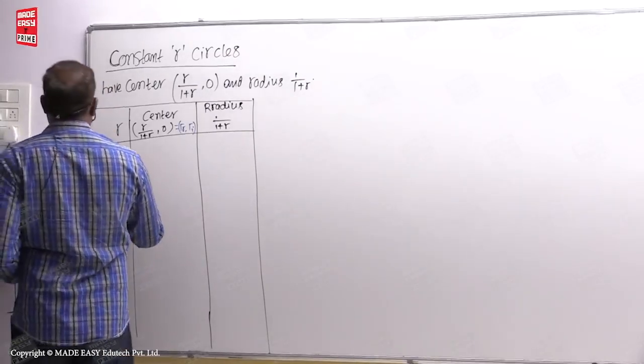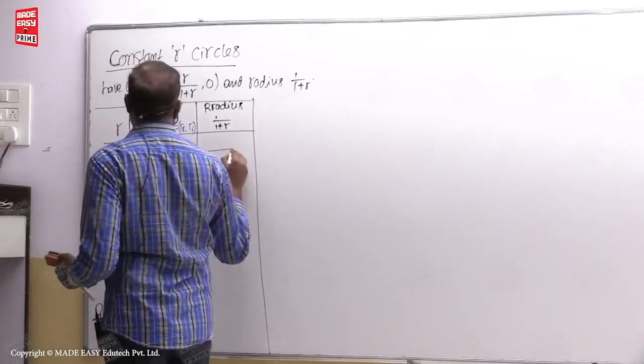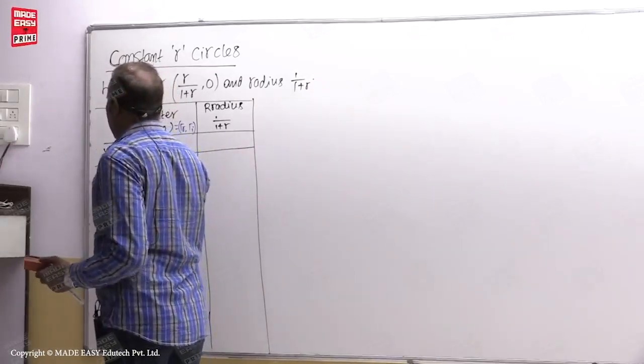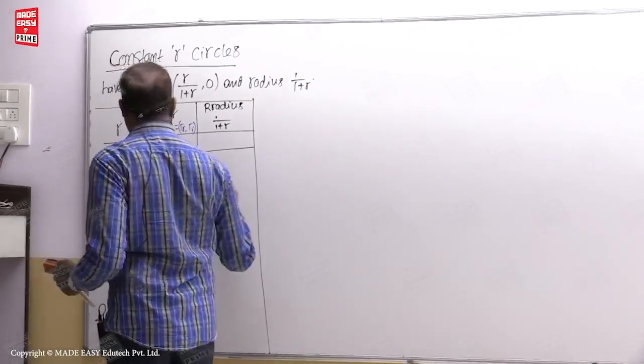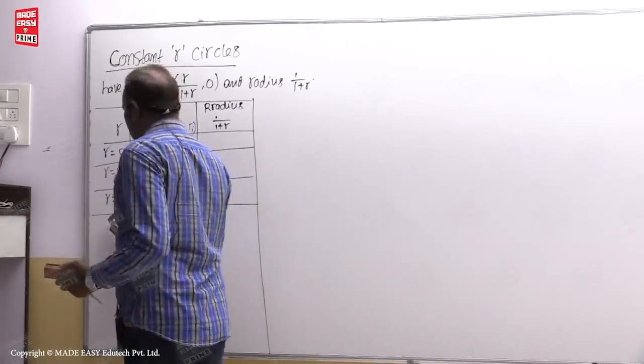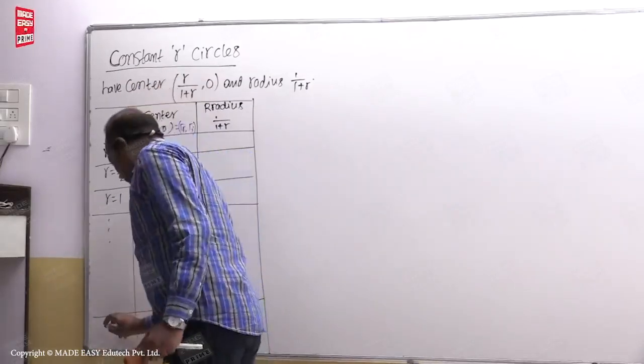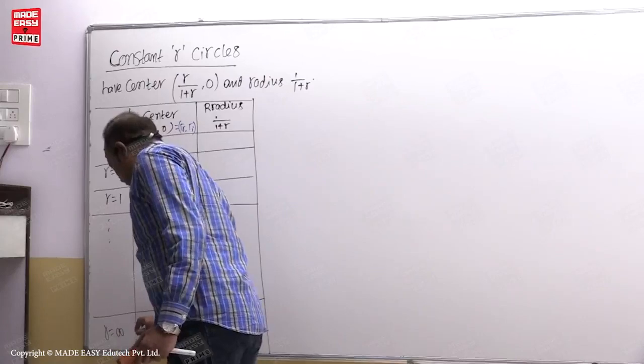Now let us take R range from 0 to infinity. Here a few values you take. R is equal to half, R is equal to 1, then dash dash dash. Last one you take R is equal to infinity.